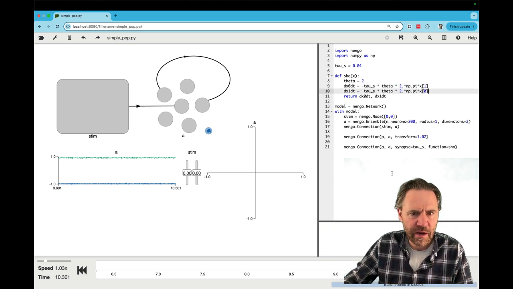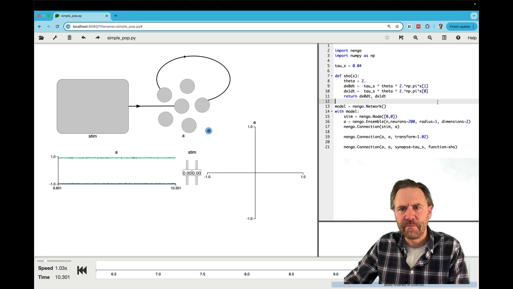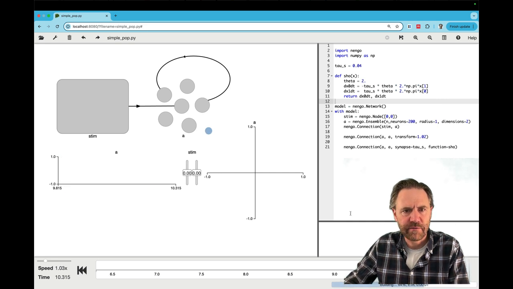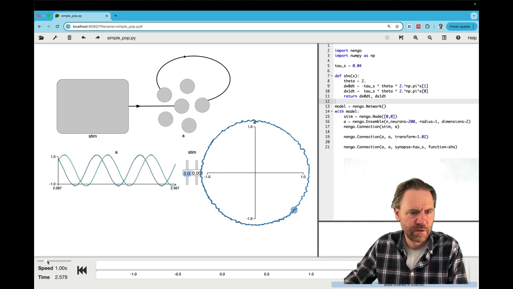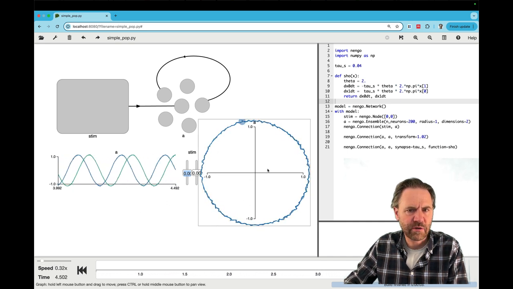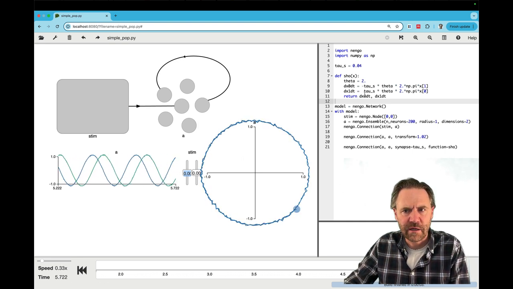So interestingly, the thing grew to as big as it could grow, and then it stopped there, because I wasn't multiplying by the state itself. Okay, there, woo. Let's slow things down a little bit. So you can see it's going around the circle. The radius is a bit bigger than 1, but it's doing it.